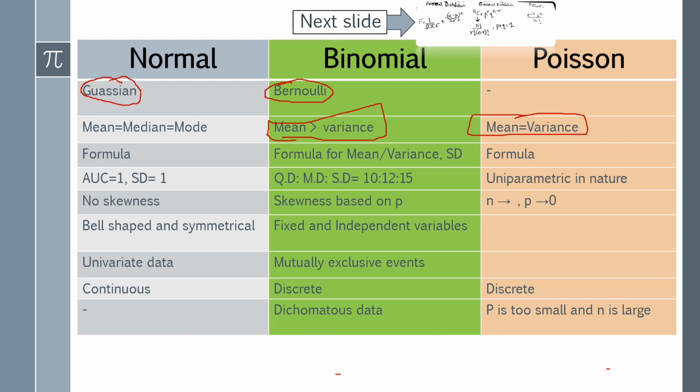In Poisson's distribution, the formula is e raised to minus lambda, lambda raised to x, upon x factorial. This is the particular formula for Poisson's distribution: e raised to minus lambda, lambda raised to x, upon x factorial, where lambda is the mean.